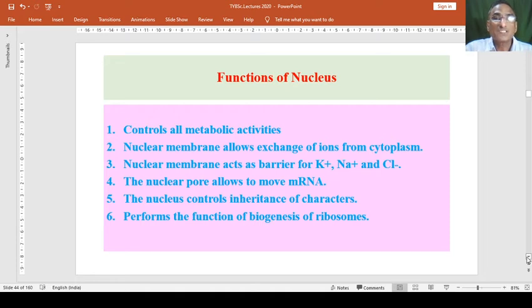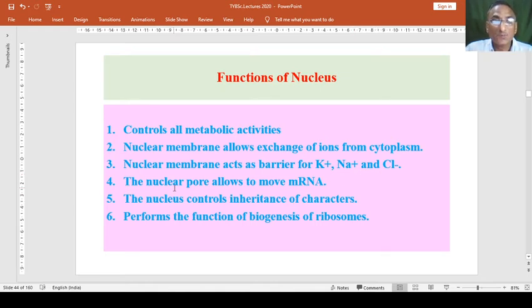Now the functions of the nucleus. The role of the nucleus is generally the controlling mechanism. First, it controls all metabolic activities. The nuclear membrane allows the exchange of ions from the cytoplasm, and acts as a barrier for potassium, sodium and chloride ions.